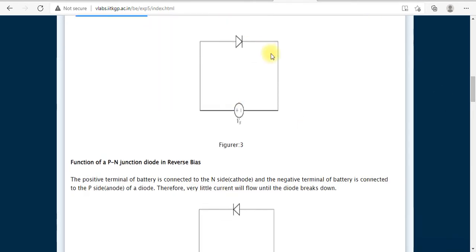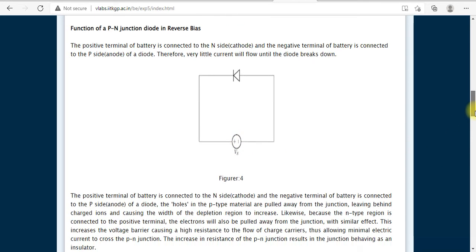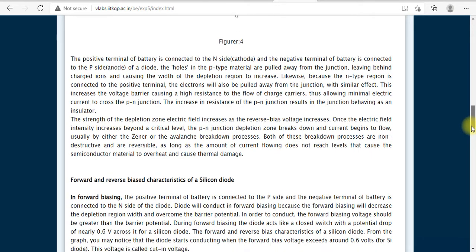After that, the function of the PN junction diode for reverse bias: we connect the negative terminal to the P side of the source, and the N side of the diode is connected to the positive side of the source. So this will be the effect of the reverse.